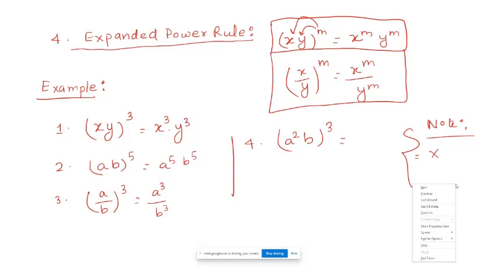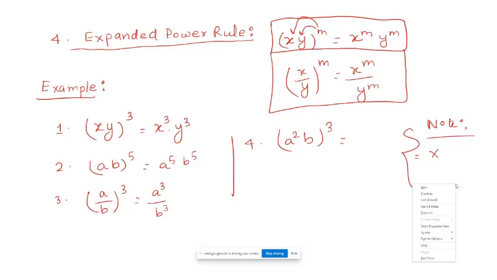What is the exponent of x here? 3, right? Everyone, give me the answer. Here, the exponent of x is 3. Exponent of xy is 3. In this case, the exponent of a is 5.